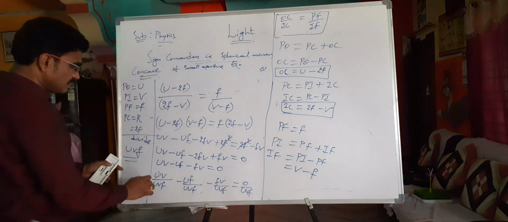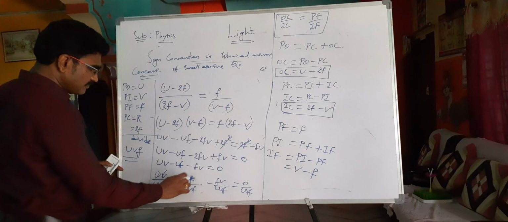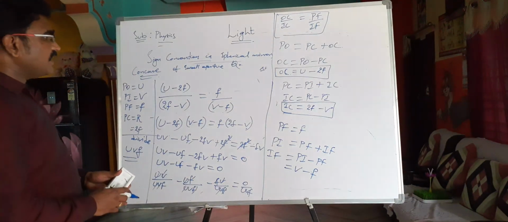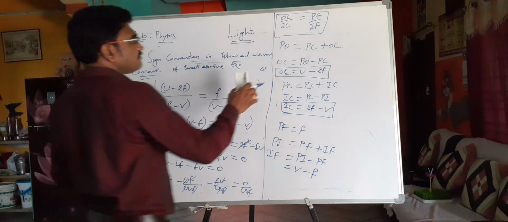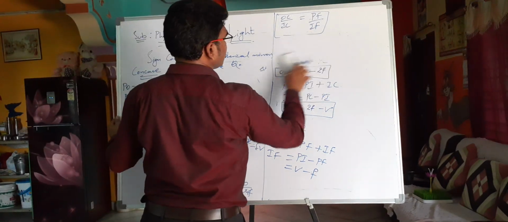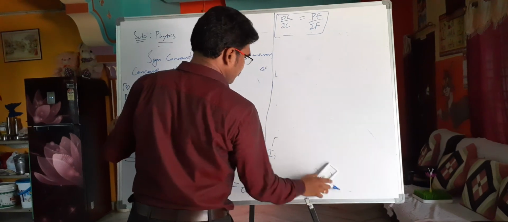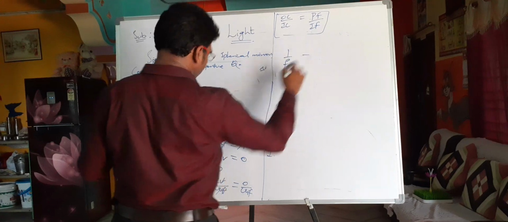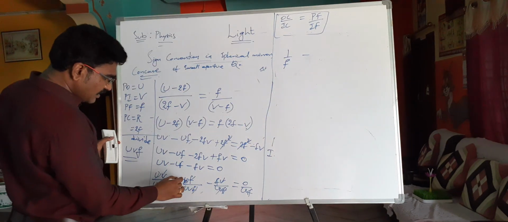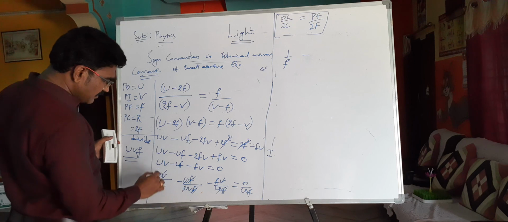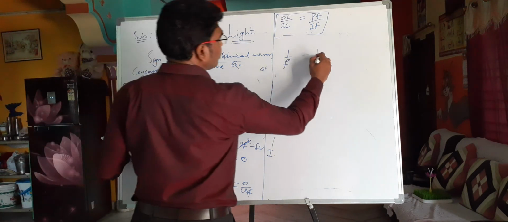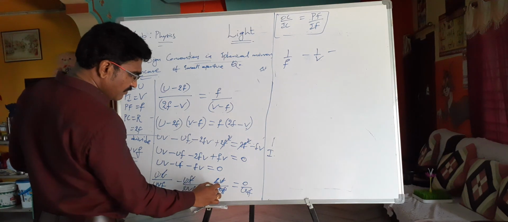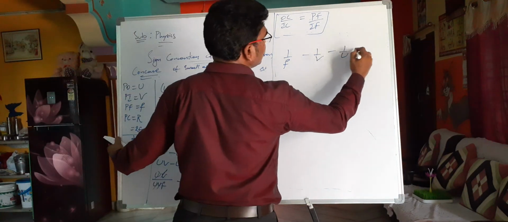Then finally, what is left here? 1 by F minus 1 by V minus 1 by U is equal to 0, where the common terms get cancelled.